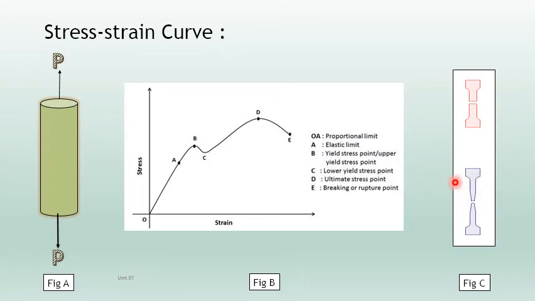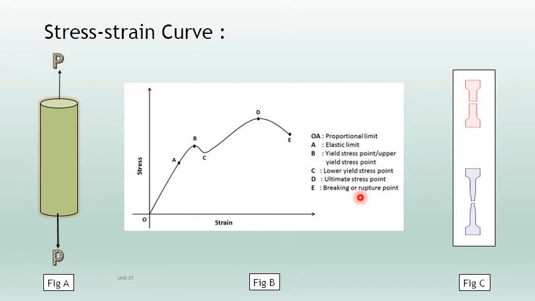A little consideration will show that the stress or load necessary to break the specimen at point E is less than the ultimate stress. This point E is called the breaking or rupture point.